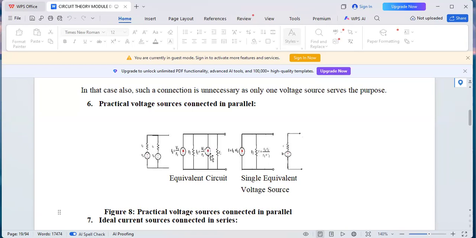R is R1 times R2 over R1 plus R2. So that becomes the internal resistance for the two cells in parallel.